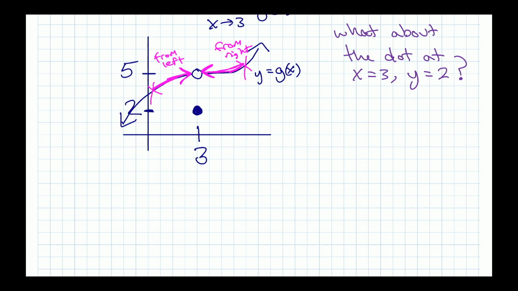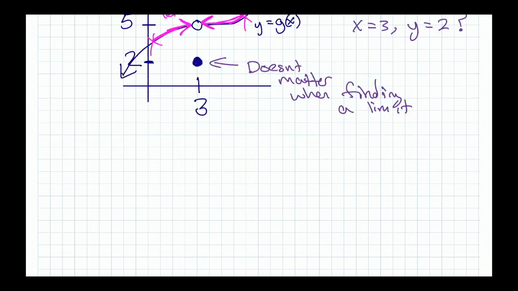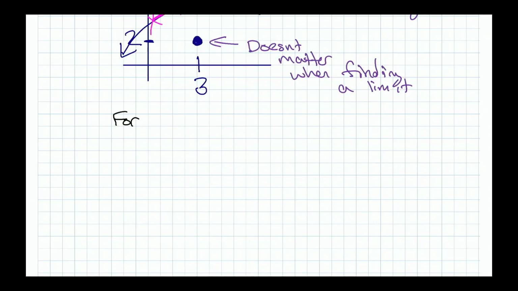So for evaluating the limit, this doesn't matter when finding a limit. Okay, so there are two things that are true about this graph. So for this graph, here are two things that are true.